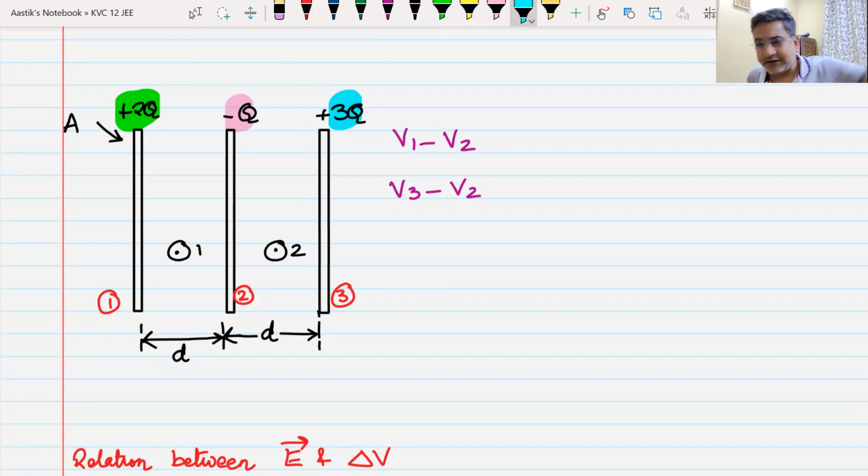How do you find the electric field at point 1? This green plate is going to create a field in this direction. Yes or no? Yes, sir.